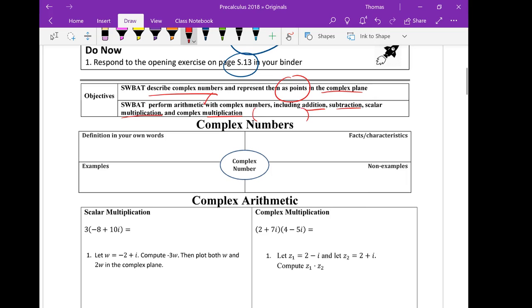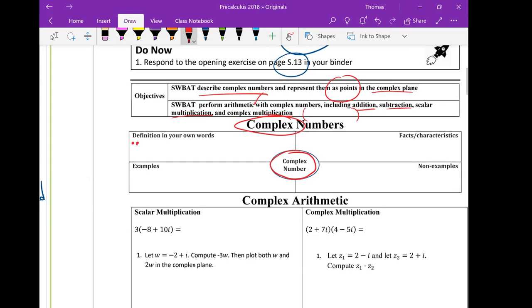So this first thing we're going to talk about here is a Frayer diagram. It defines this concept, complex numbers, by having 4 pieces. It has a definition in our own words. And in class, I asked students what complex means to them. They said it has more than one part.